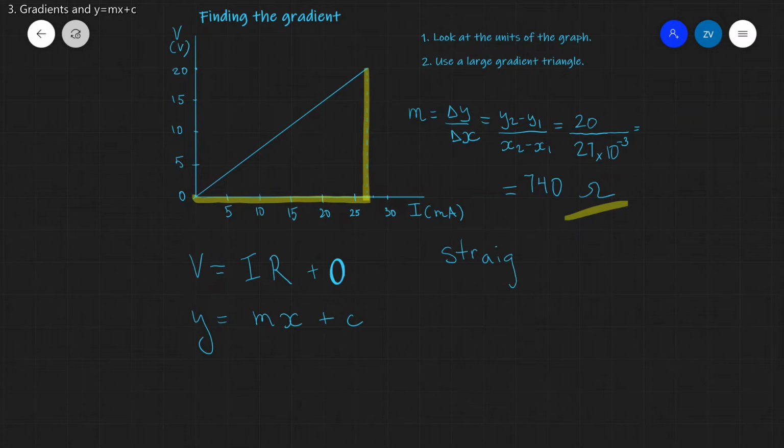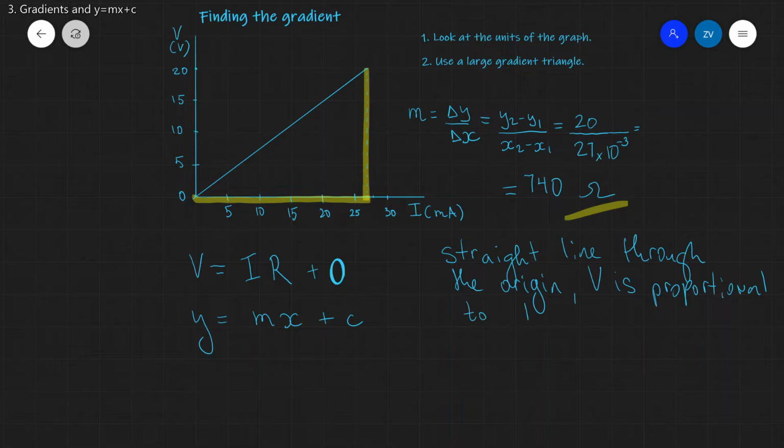So the graph is a straight line through the origin, and this tells us that V is directly proportional to I. It also means that we can apply y equals mx plus c analysis.